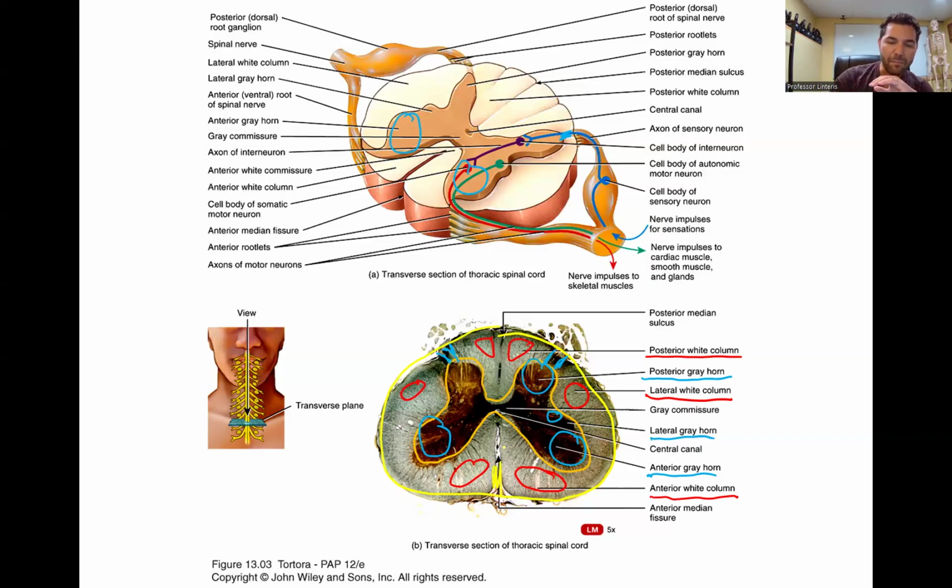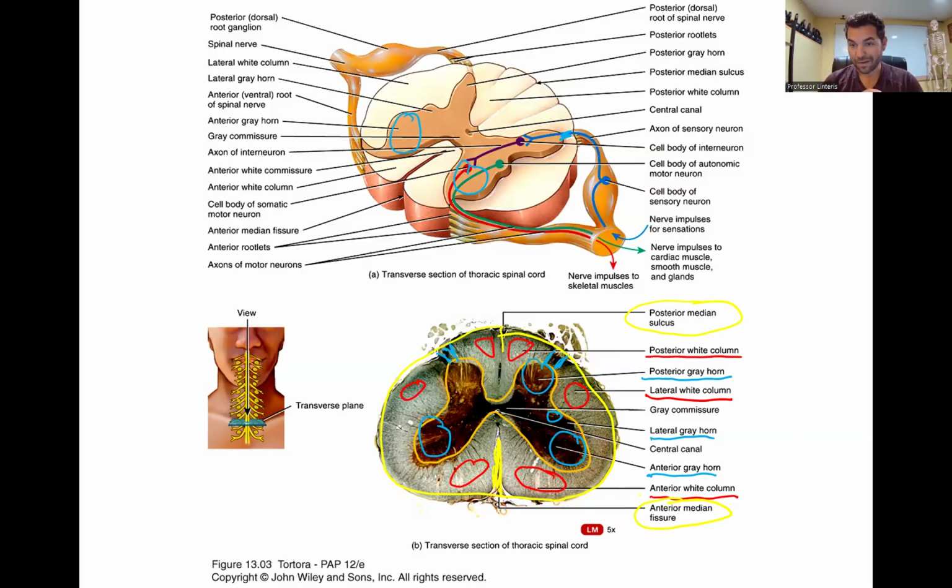And then the posterior aspect of the spinal cord has a thinner opening. That thinner opening is called the posterior median sulcus. That big opening in the front is called the anterior median fissure.